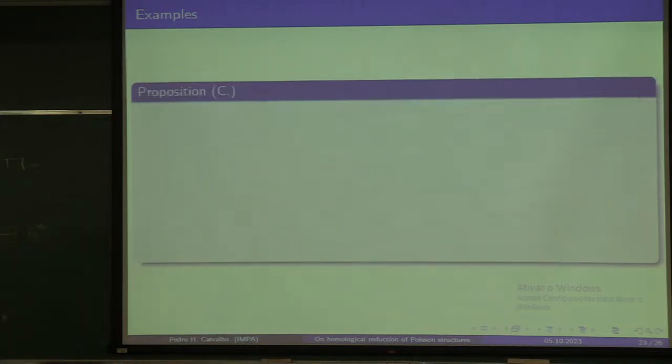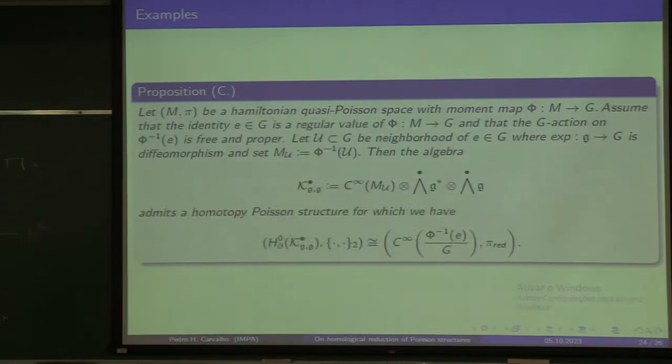So one more minute. I don't have much time, but there is a way to consider this Hamiltonian quasi-Poisson space, which are group valued, right?